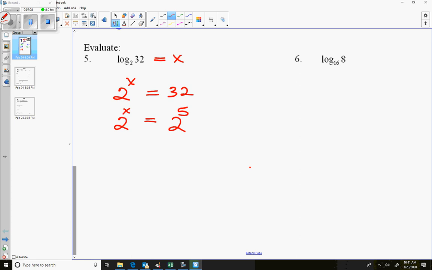Alright, now that the bases are the same, the exponents must be the same, so x equals 5. Now be careful, go one step further here. This problem did not have an x in it. I made it up. So in this case, our final answer should not be x equals 5. It is just simply 5.